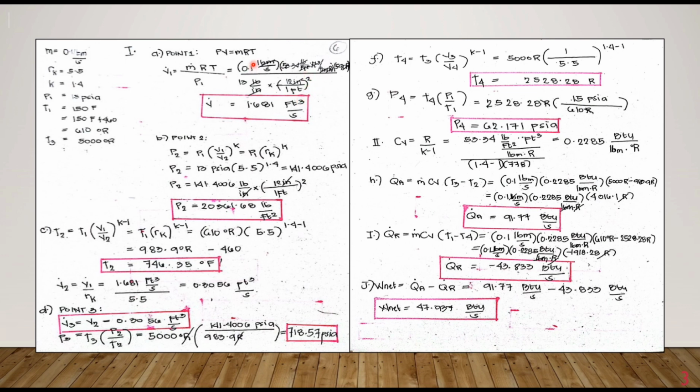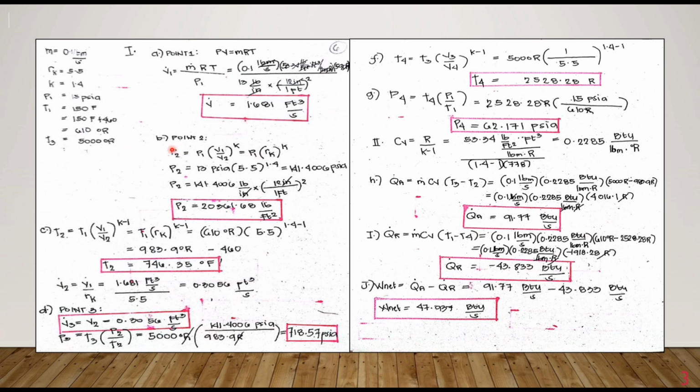So cancel the same units, cancel lb and psia. So we get V1 is equal to 1.681 cubic feet per second.